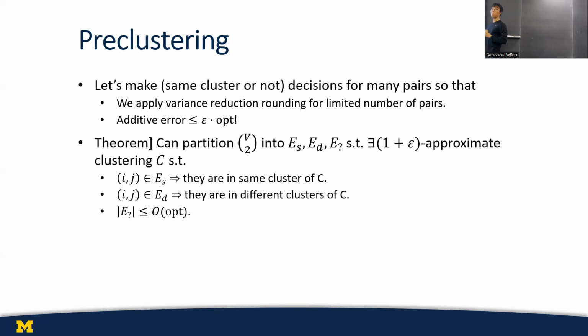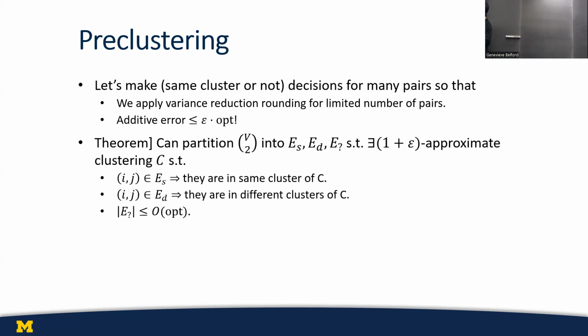We gave a separate combinatorial preprocessing algorithm that partitions each pair into 3 categories: E same, E different, and E question mark. E same means we already decided the pair to be in the same cluster. E different means we already decided these 2 vertices will be in separate clusters for sure.